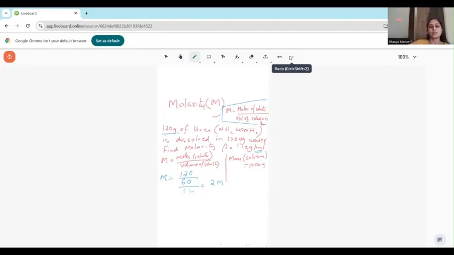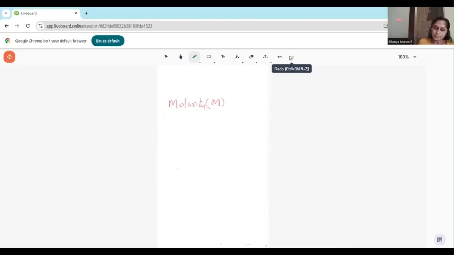Okay. So moving on further, just a few terms that you must remember. When I say bimolar, we represent it by 2M. Bimolar means 2M.